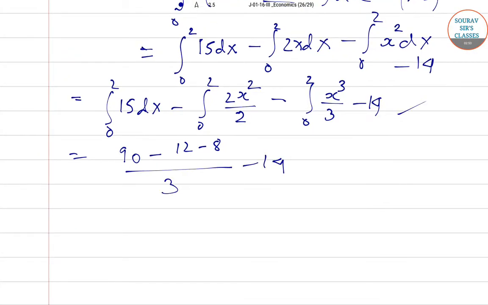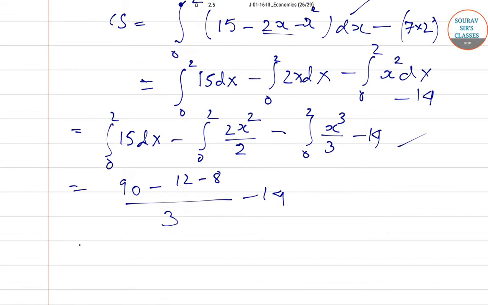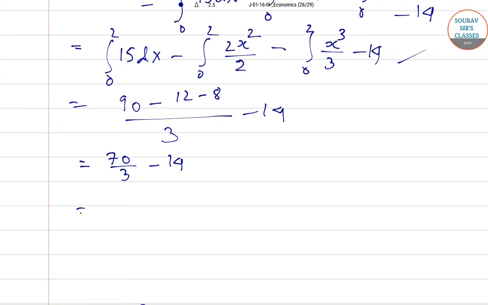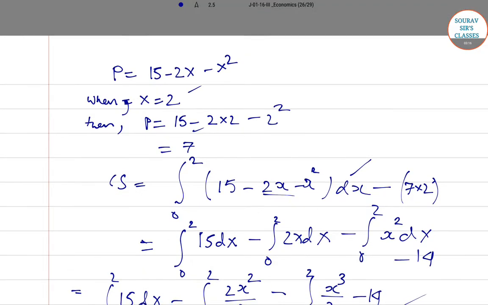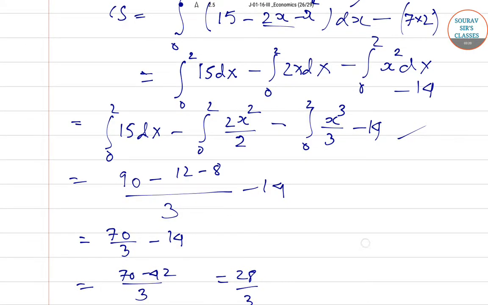Further solving, you get 70 by 3 minus 14, which is 70 minus 42 by 3, which is equal to 28 by 3. So for question number 66, the right answer is 28 by 3.